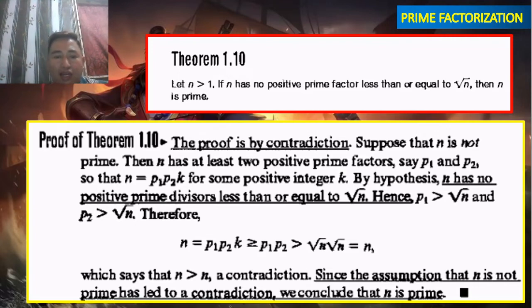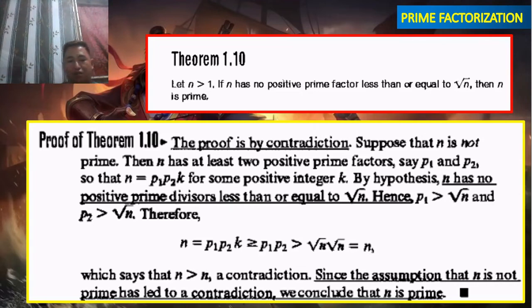Where did this come from? Suppose that n is not prime. Then n has at least two positive prime factors, p1 and p2, from Theorem 1.8: every integer has prime factors.